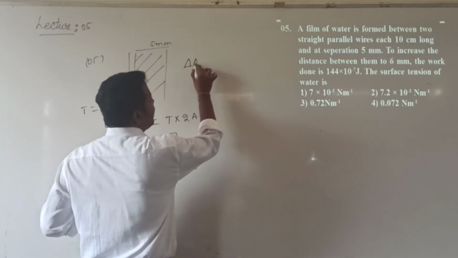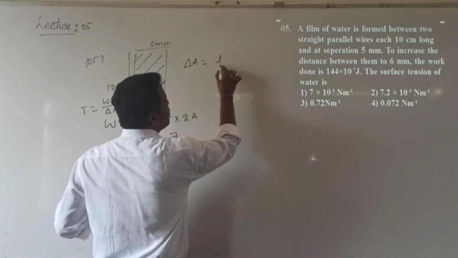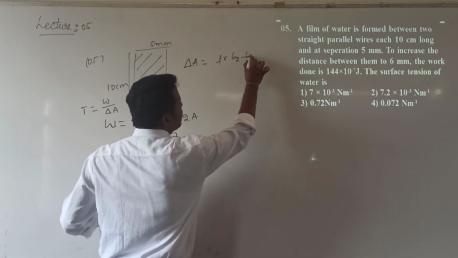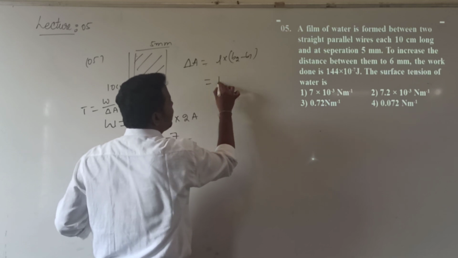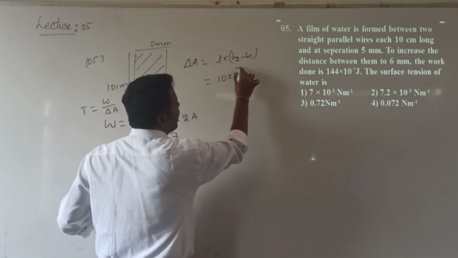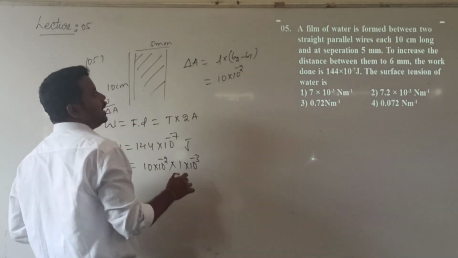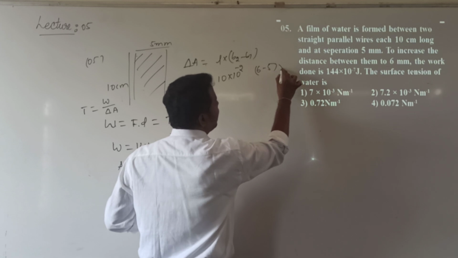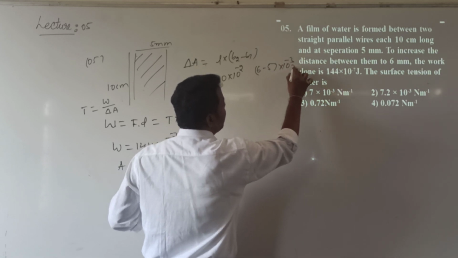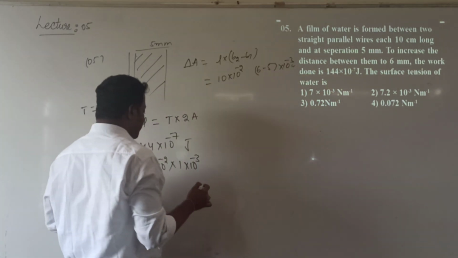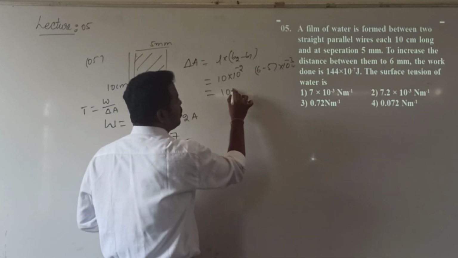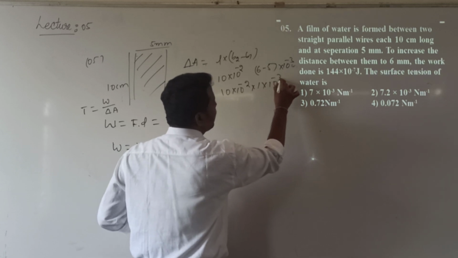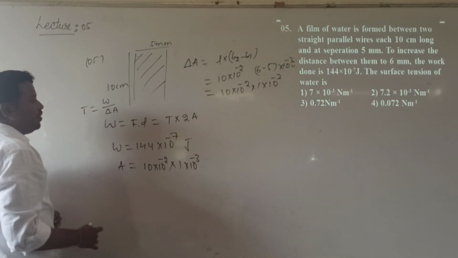The increase in area is length into (B2 minus B1), final breadth minus initial breadth. So 10 × 10^-2 meters into (6 minus 5) mm, which is 1 × 10^-3 meters. So we get 10 × 10^-2 × 1 × 10^-3. That is the value of the area.